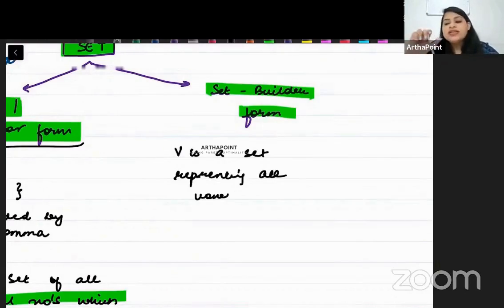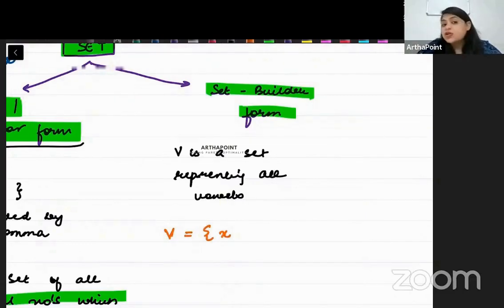So I want to write a set V, and this V should have all vowels. How will I write it in this set builder form? Okay, ये question है. So beta, I will write it something like this. V is the set. इस set में क्या है? Elements. So X is an element of V.